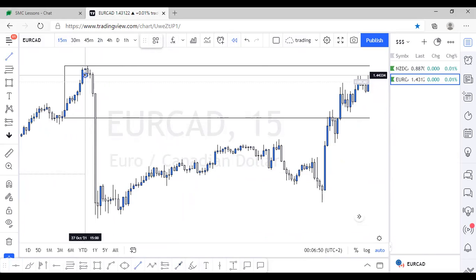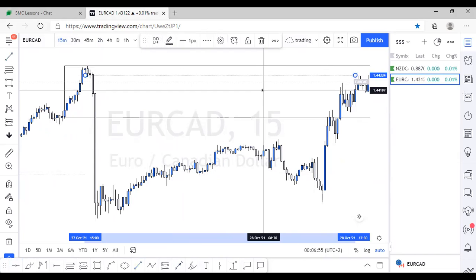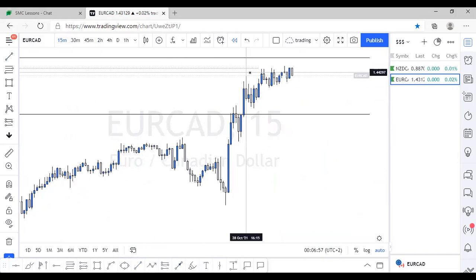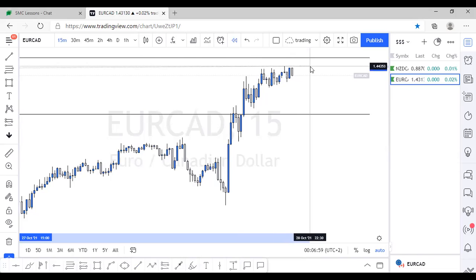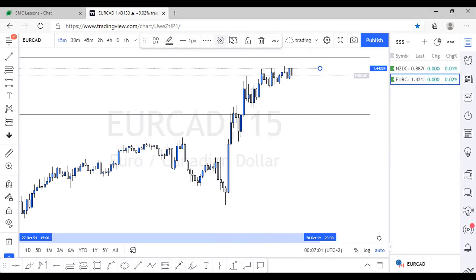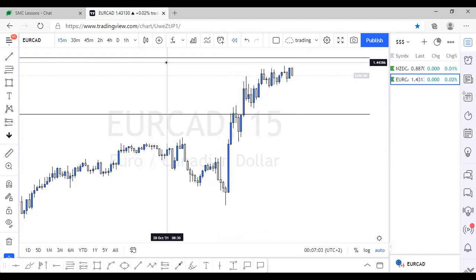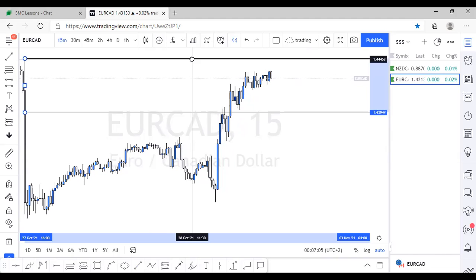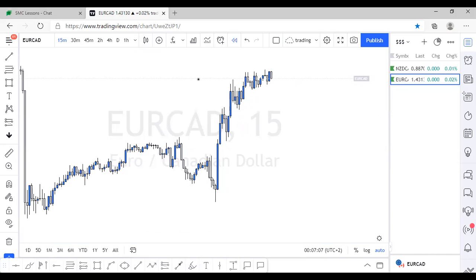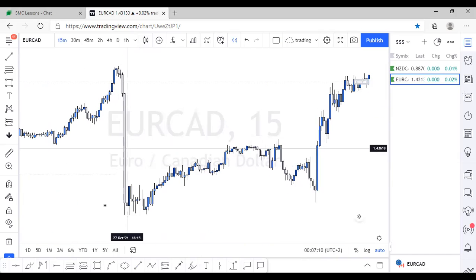This last up candle here. Let me cancel this and delete this one also. So now we go to the lower time frame.